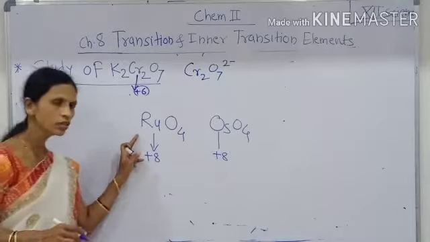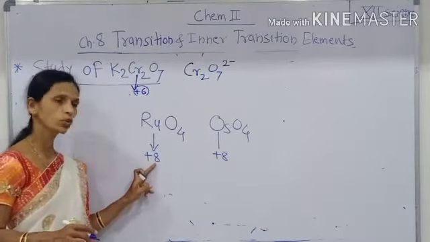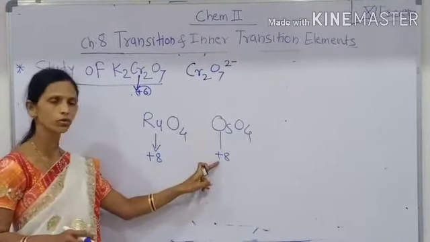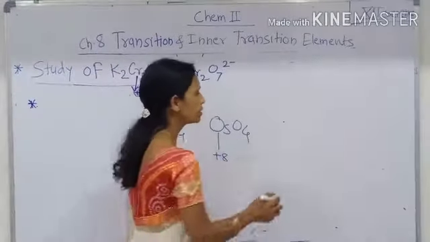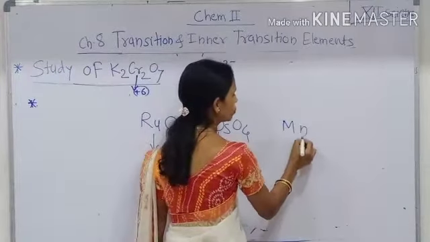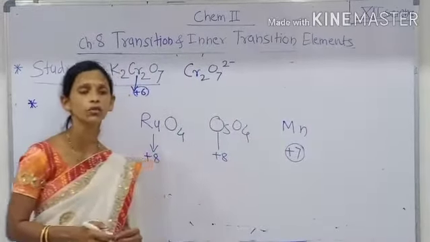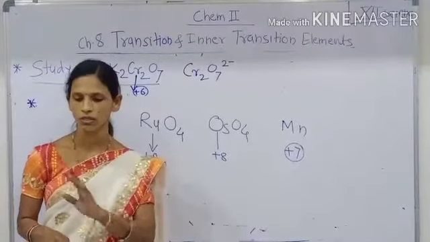That means ruthenium shows the highest oxidation state, +8, and osmium also shows the highest oxidation state, +8. But in the first transition series, manganese shows +7 oxidation state. That is the highest oxidation state shown by manganese, which is present in the first transition series.